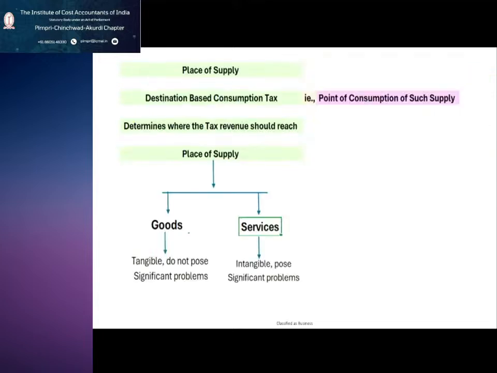If you see the previous slide, services compared to goods is very important. For goods, we can see it is destination based, so we can identify the place of supply for goods, but for services there are some complications. Why?